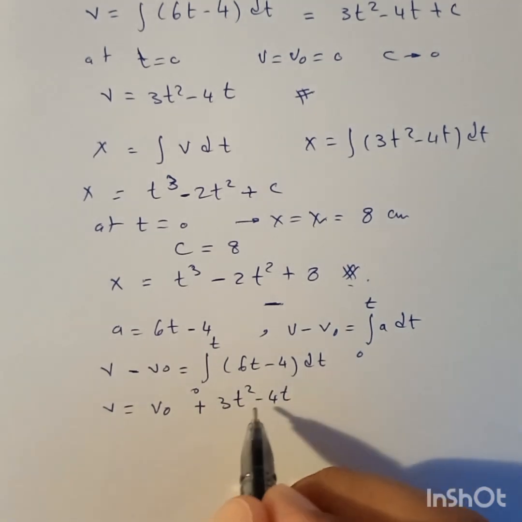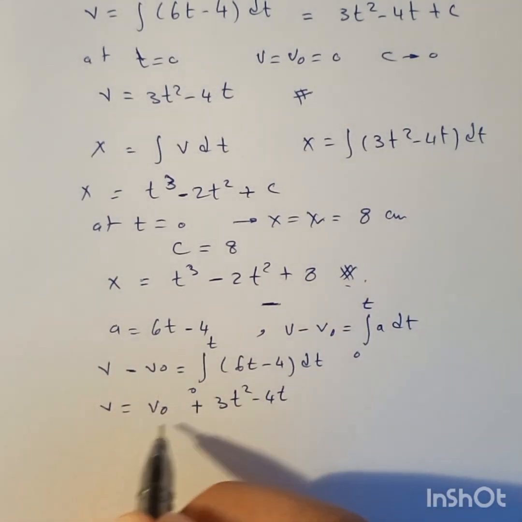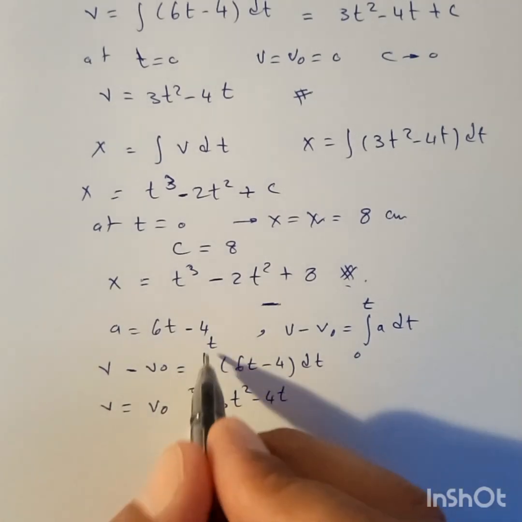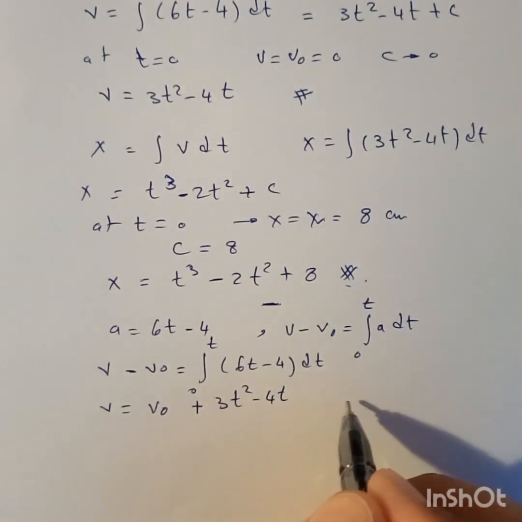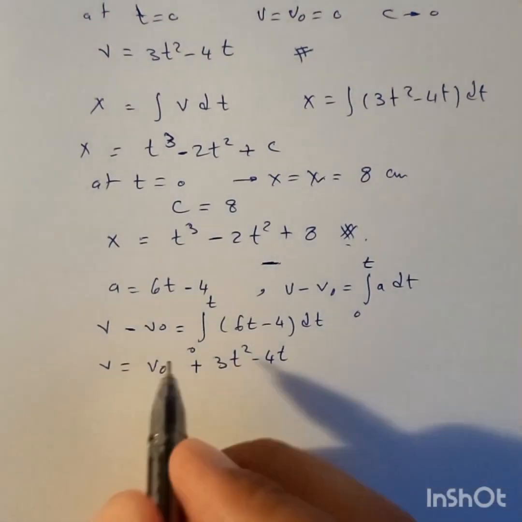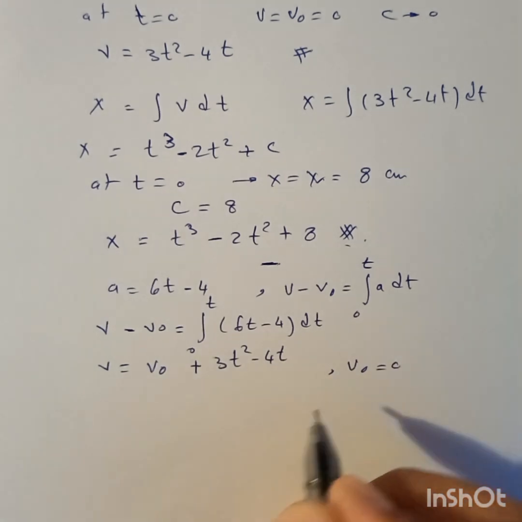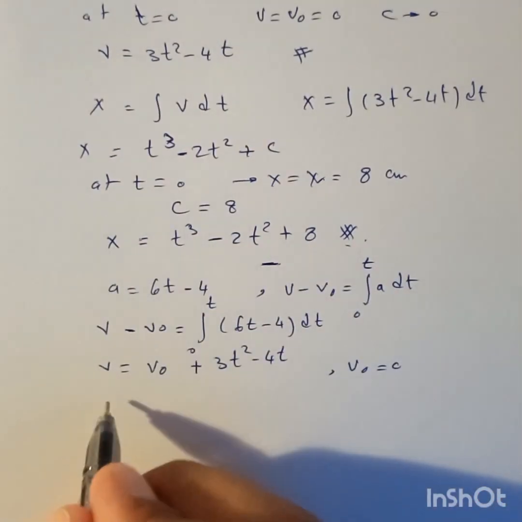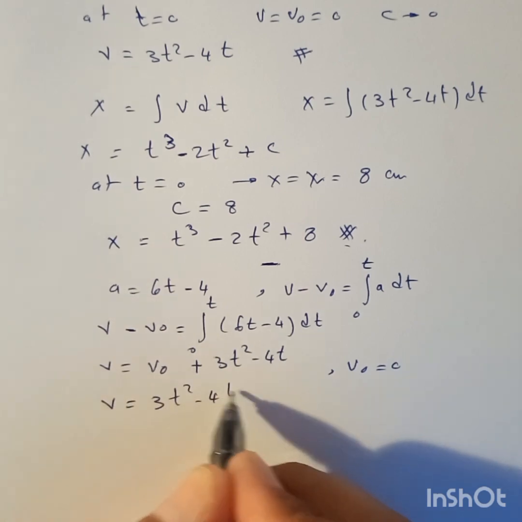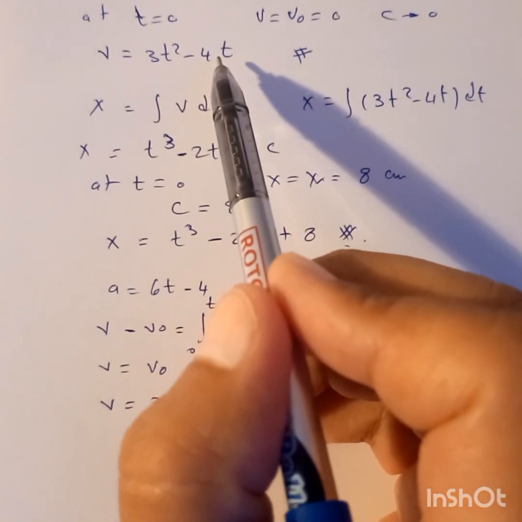In this case we will not add this constant, as the constant is expressed in this quantity v naught. While we are using a definite integration, we will not add a constant as it's included in v naught. Here v naught equals 0 from the given data, then we have v equals 3t square minus 4t. This is what we have obtained before.